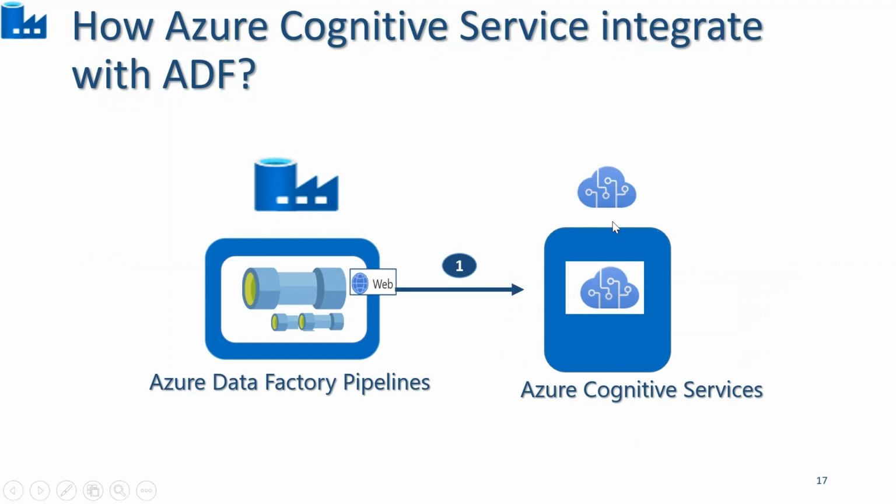Sentiment analysis is applied, and then it's written back to Azure Data Factory. Here we are passing the endpoint, URL, key, message body, and header. After completion, the sentiment analysis is written back to Azure Data Factory. This way you can easily integrate your Azure Data Factory with Azure Cognitive Service.